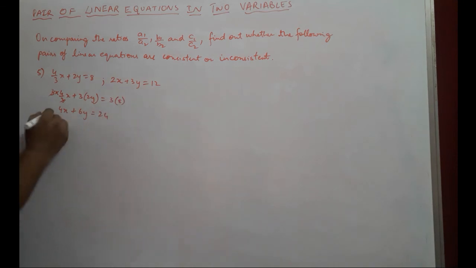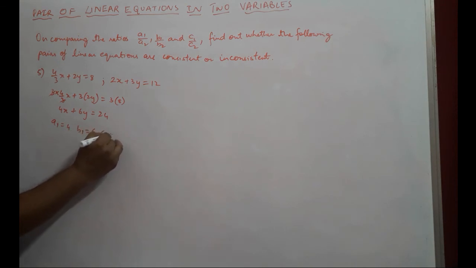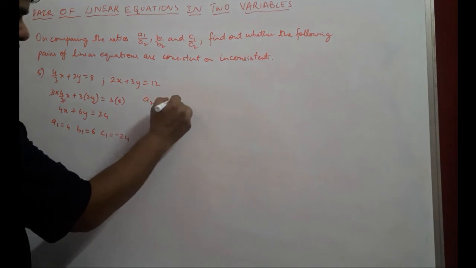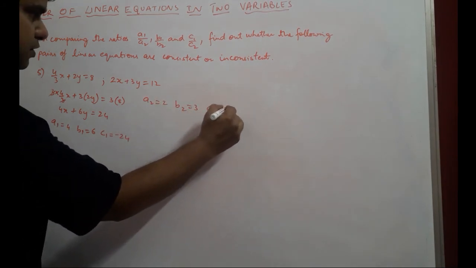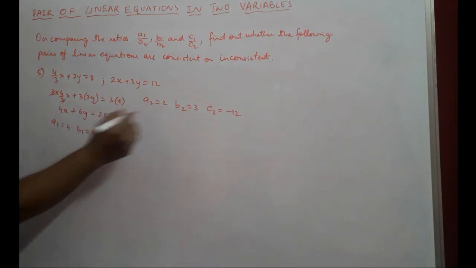And here we have this. So let's get our A1. A1 is 4, then we have B1 equal to 6 and C1 will be equal to minus 24, and here we have A2 equal to 2, B2 equal to 3 and C2 equal to minus 12. Let's compare A1 upon A2 to B1 upon B2.